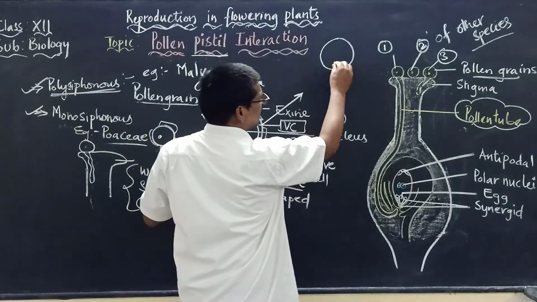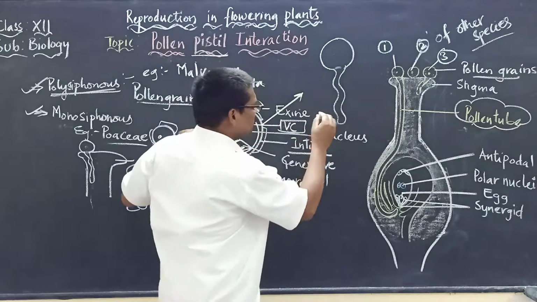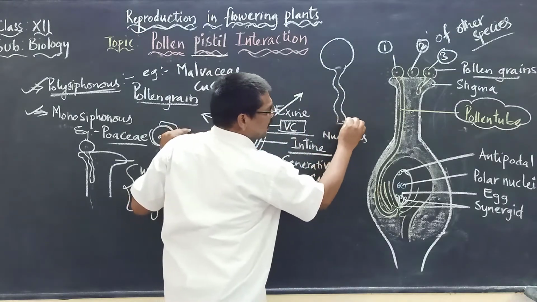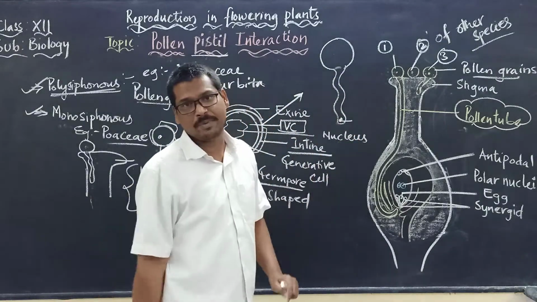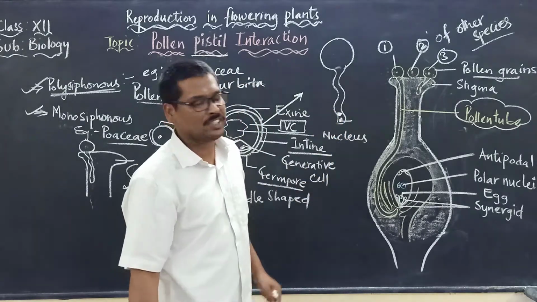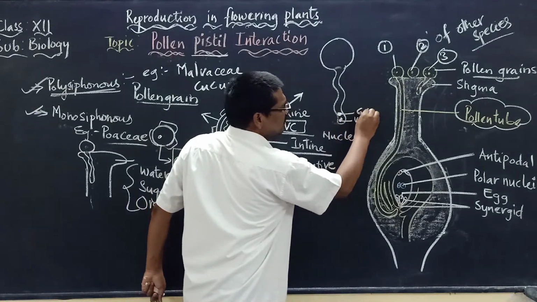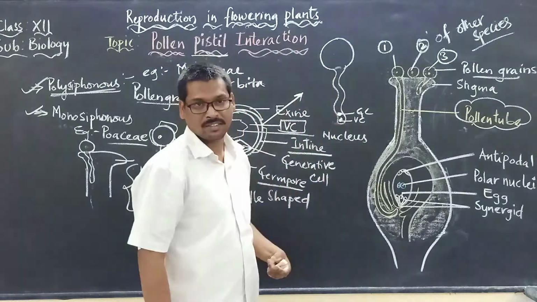This wall is the intine. First the vegetative cell will come off, followed by the generative cell.